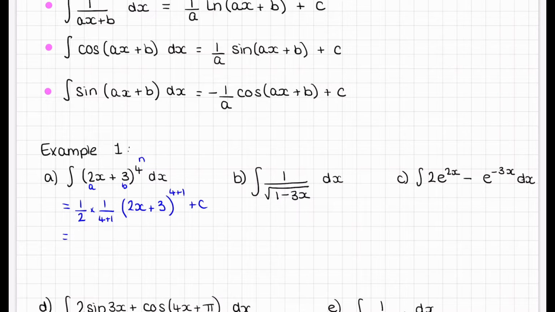If we simplify that, we'll have 1 over 2 times 1 over 5, which will give us 1 over 10 of (2x plus 3) to the power of 5 plus c.